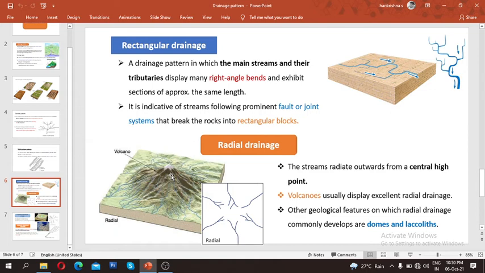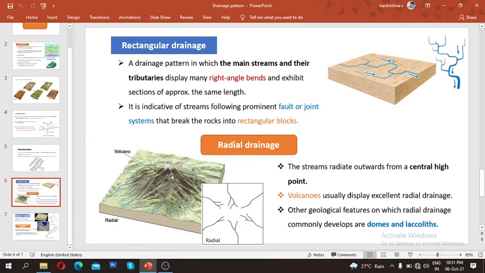So in all those areas we can observe this radial drainage pattern. Now here you can see the radial drainage pattern. We have already said that from a particular point it is radiating, from a particular point it is radiating to different parts.